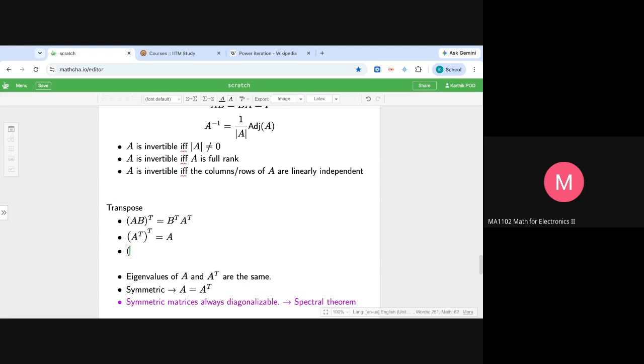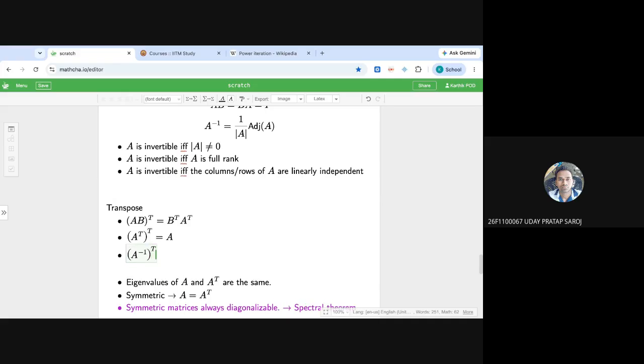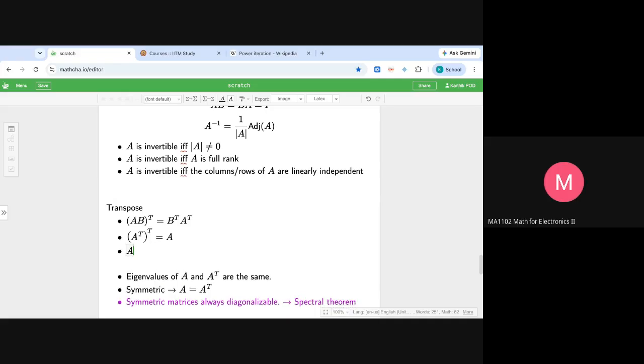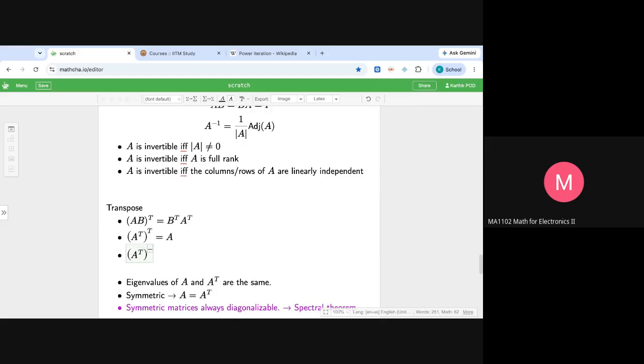The inverse of A transpose is A inverse transpose. So it's just A inverse transpose, right?